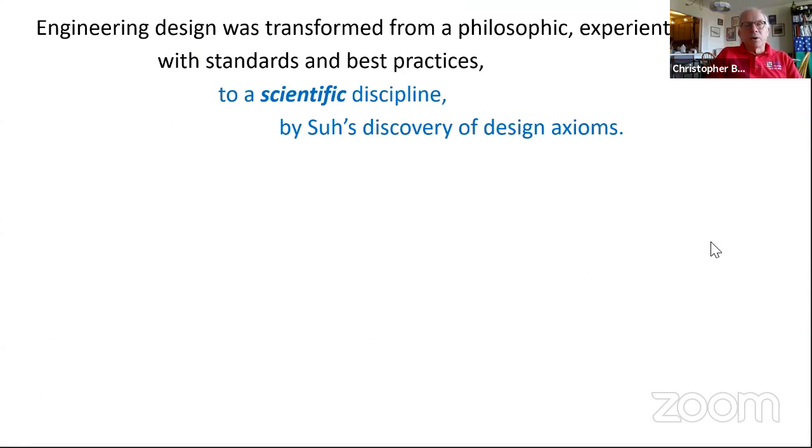All right, so I would like to contend that Suh really transformed engineering design from basically a philosophic, experiential discipline that has standards and best practices. With Suh's attention, it becomes a scientific discipline supported by Suh's discovery of the design axioms.